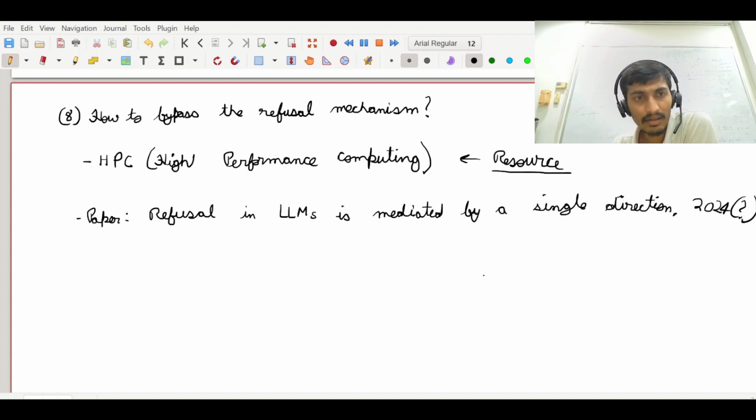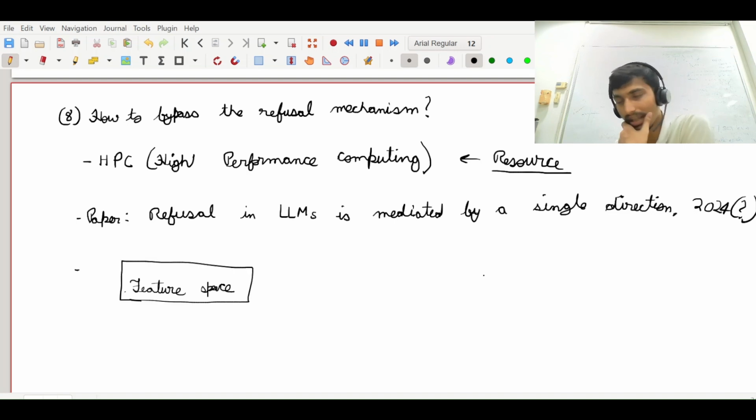That particular paper showed that they did some dimensionality transform. In feature space, what is feature space? I have yet to read that paper in depth and pick out concrete ideas from it, but I would make an attempt.